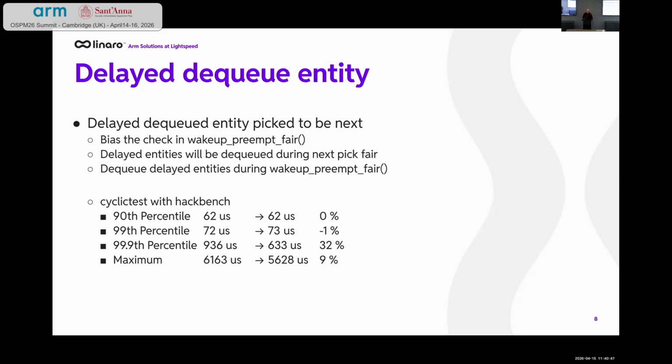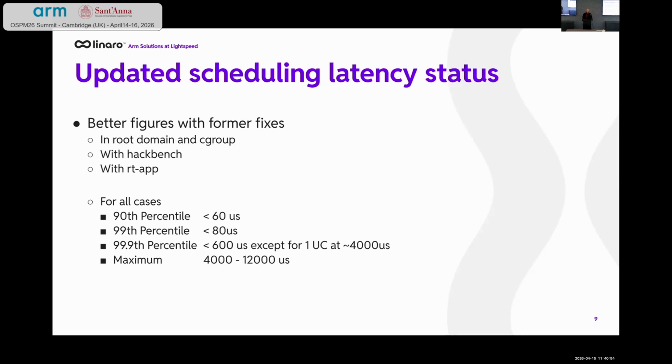So we are almost at half a millisecond. We still have some large values for the maximum. With all these three patches, I have been able to reach the situation where the 99.9 went from above several milliseconds to below almost half a millisecond, except for one use case I still need to understand, and that's probably coming from the other pending problem.